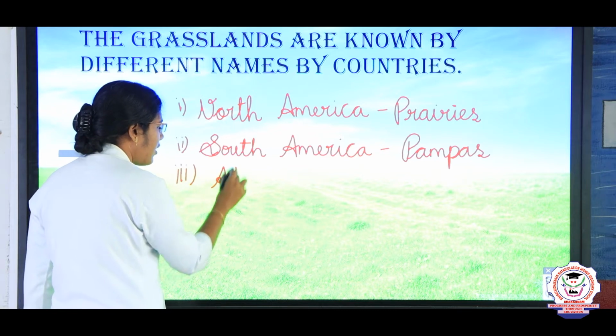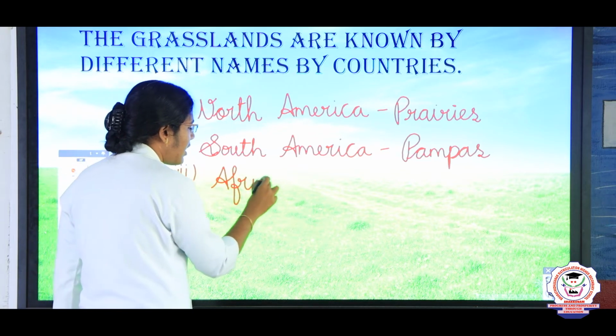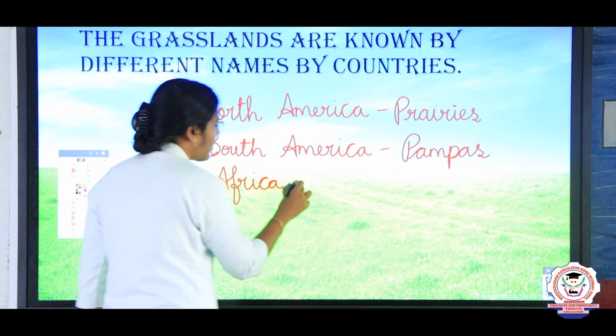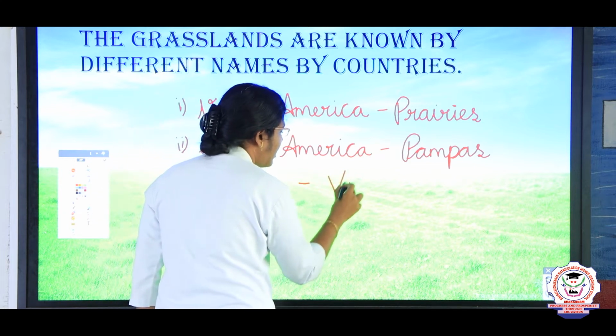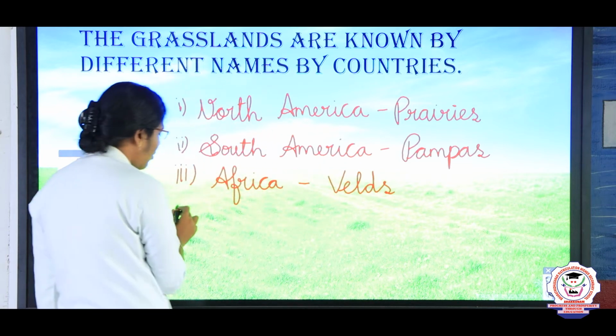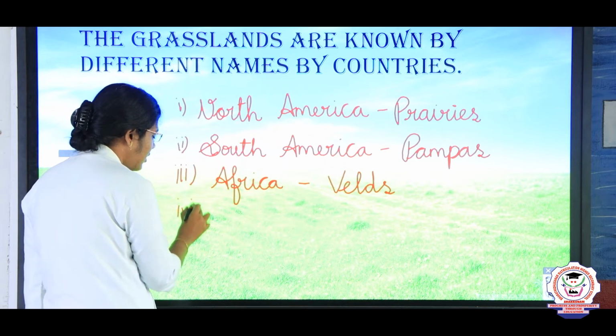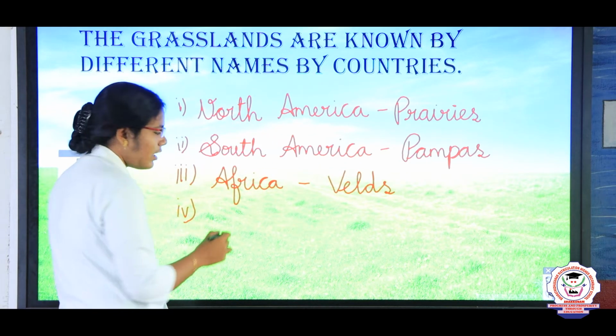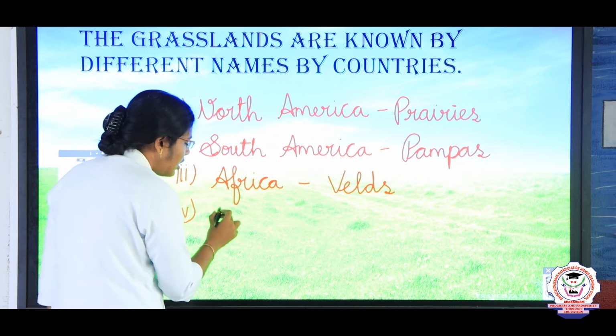Next, in Africa, what is the name they gave? In Africa they gave the grassland name velds, V-E-L-D-S, velds. Next is Europe.